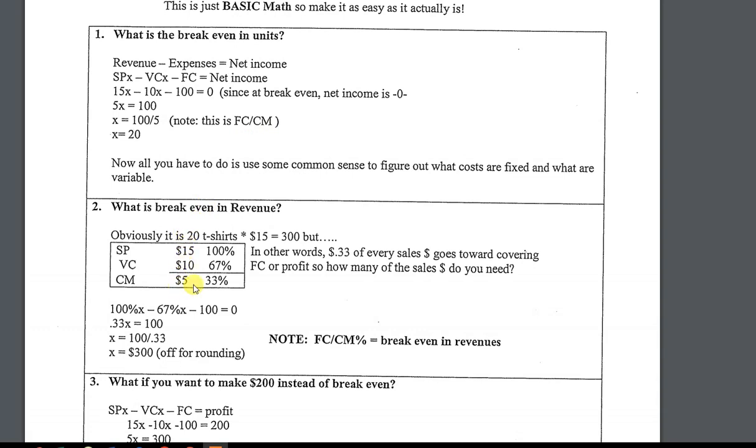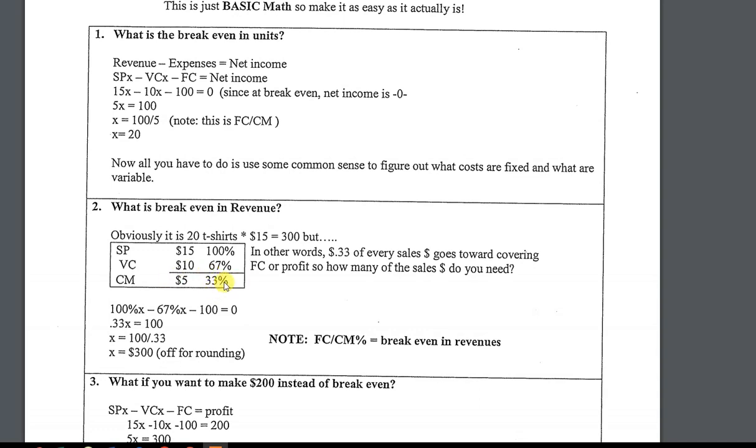Then I'm going to get everything as a percent of sales dollars. If my selling price is 100%, 10 divided by 15 is 67%. So my variable cost ratio is 67%. For every $100 of sales, $67 is variable cost, and that means 33% is contribution margin.